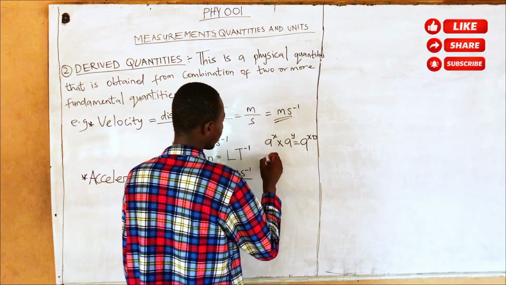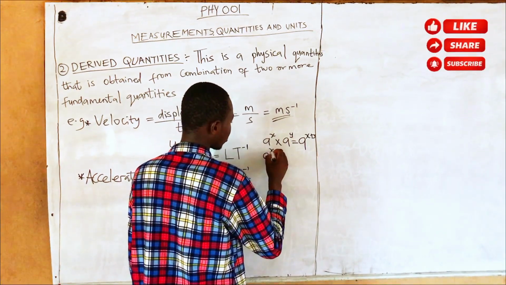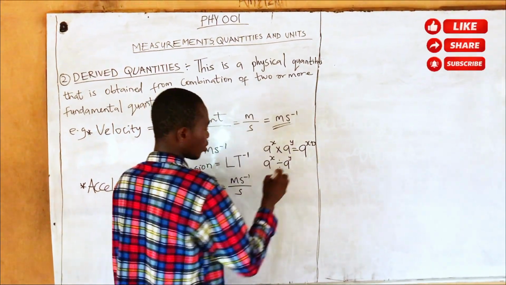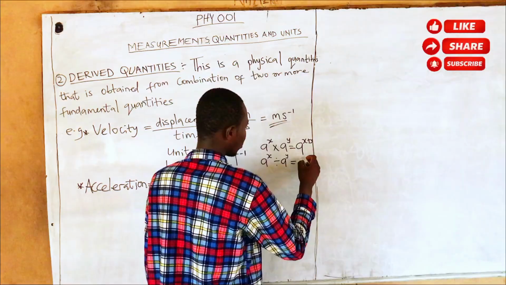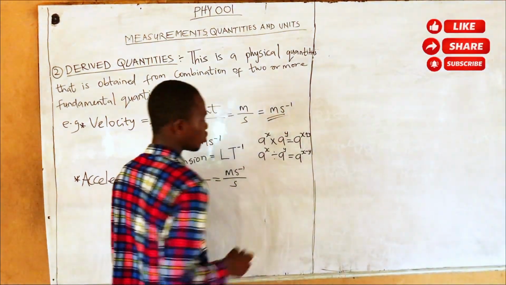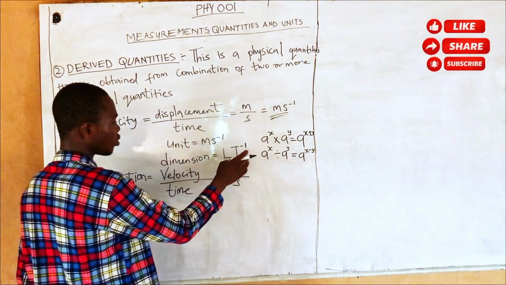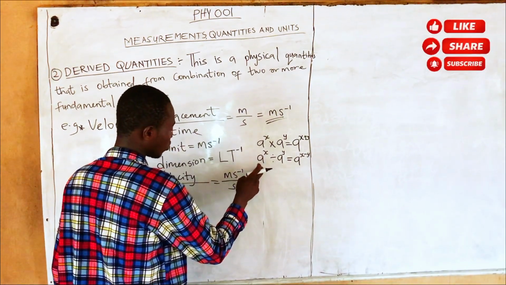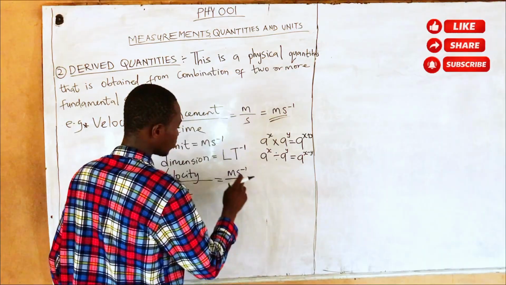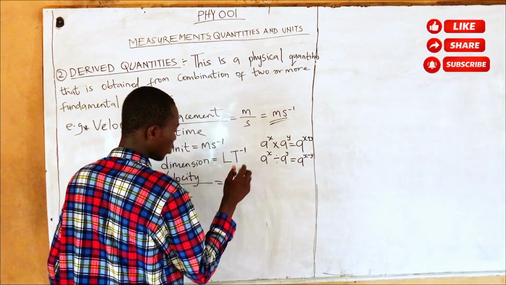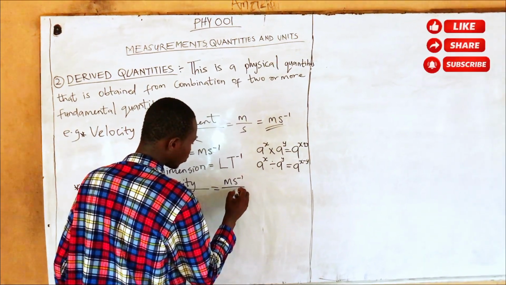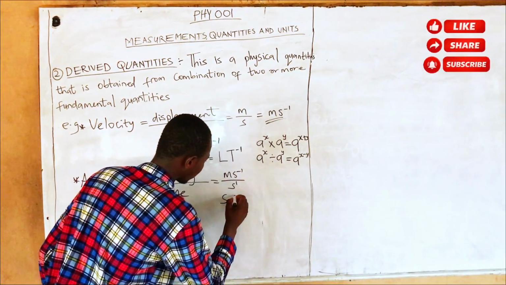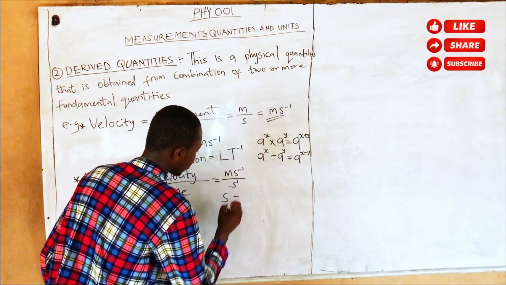But if it is division, a to the x divided by a to the y, it becomes a to the x minus y. Looking at this place, it's like this scenario whereby you see division. They have the same base, and mind you, there's an invisible one here. So if you want to do it now, it will be s divided by what?